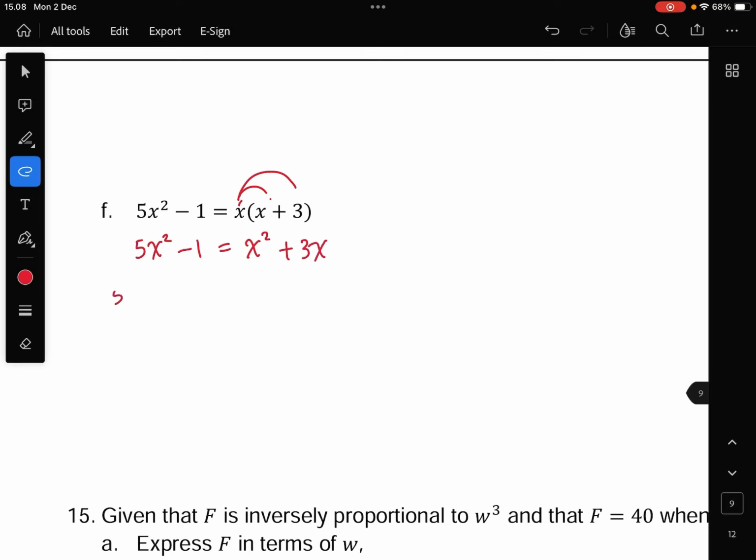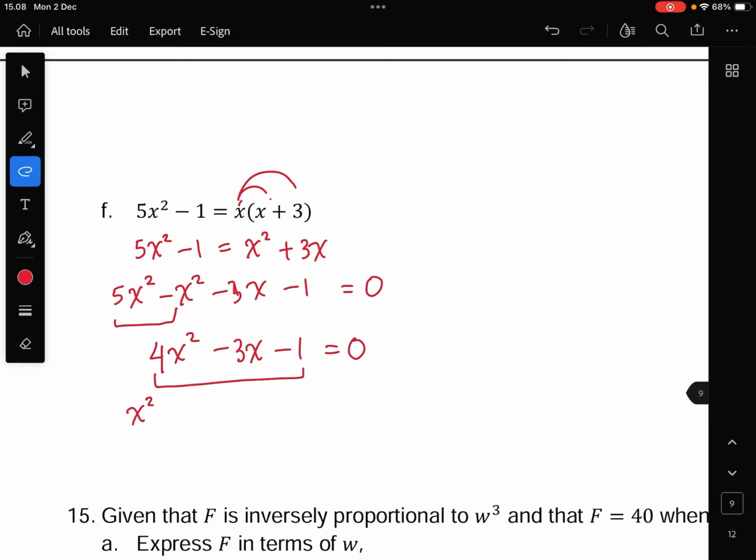Put it on the left side for all of them. 5x squared minus x squared minus 3x minus 1 equals 0. 5 minus 1 is 4x squared minus 3x minus 1 equals 0. Do the multiplications: x squared minus 3x. 4 multiplied by negative 1 is negative 4, equals 0.